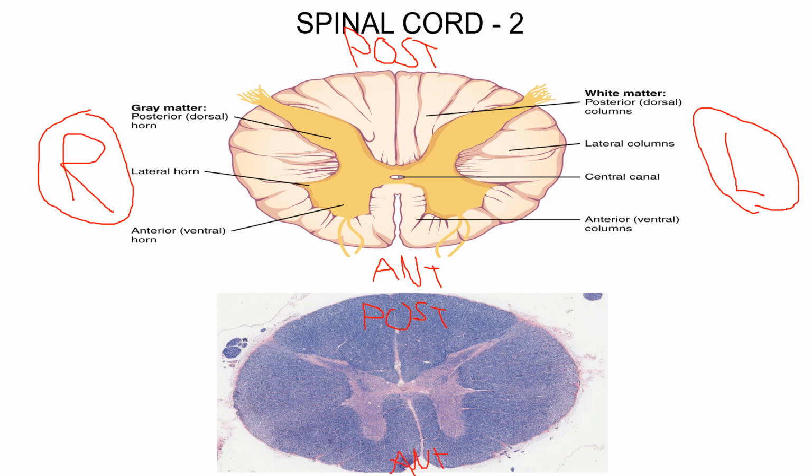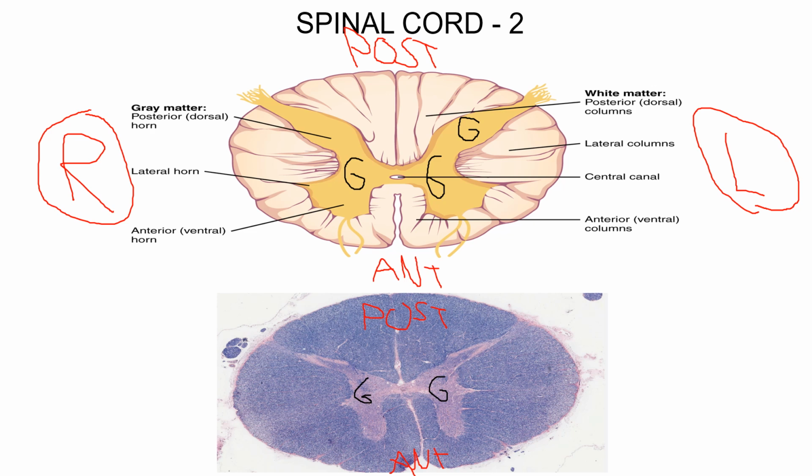The stuff in the middle that kind of looks purple-like, that is the gray matter. So I'm going to put a couple G's here for gray. And then same thing on the top picture, gray, gray, gray. Once again, what is gray matter when we're talking about the neuron, the functional cell of the nervous system? All it is is a bunch of cell bodies and dendrites bunched up together.